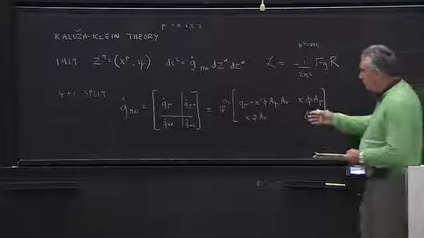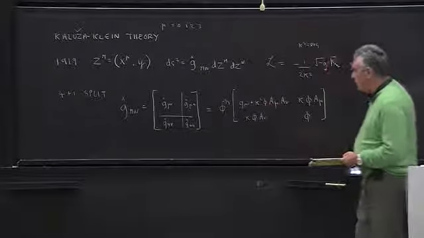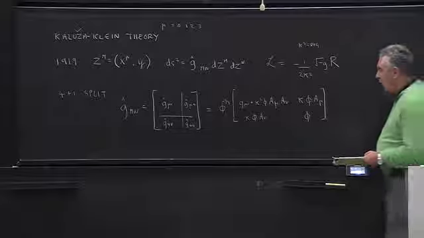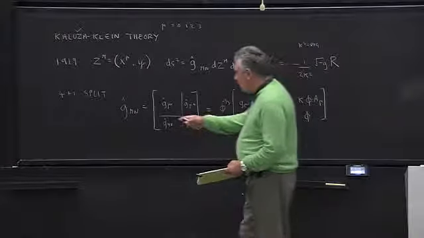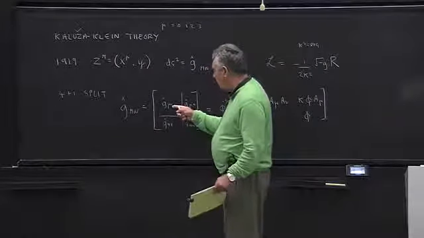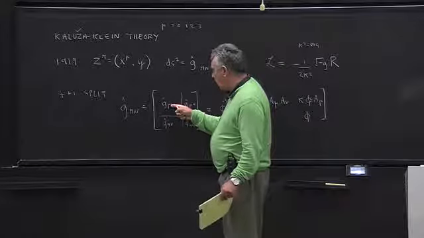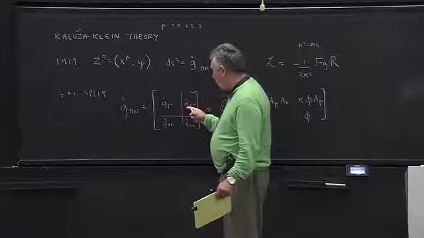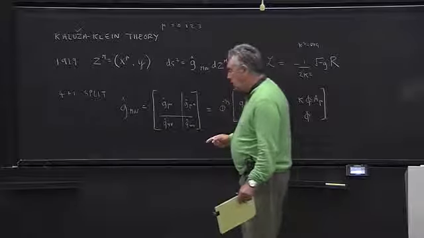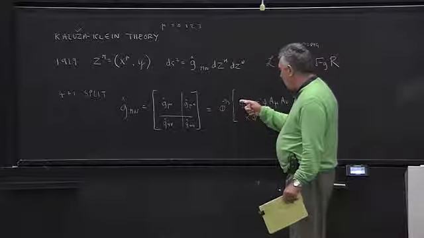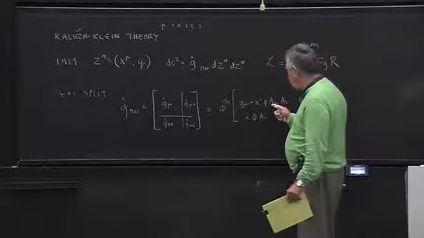So all we've done is a change of variable. This is a symmetric matrix, so we had a 4 by 4 matrix, one vector, one scalar, and we've swapped it for another 4 by 4 matrix, one vector, one scalar.